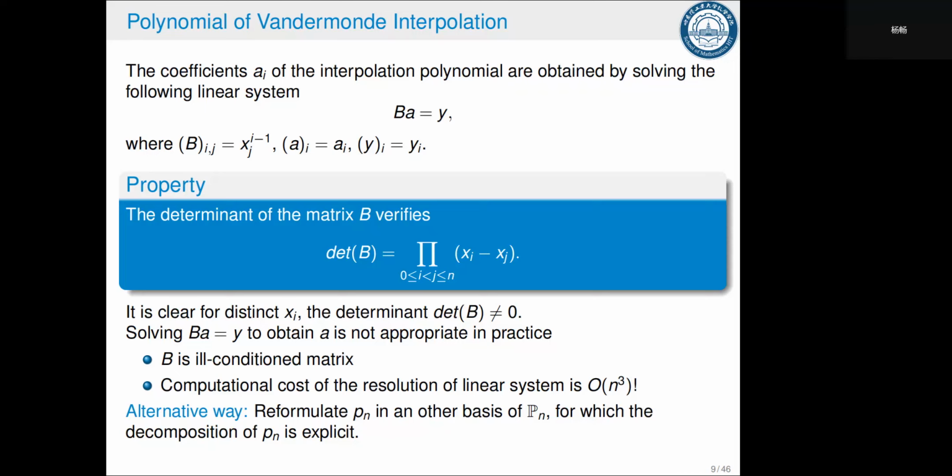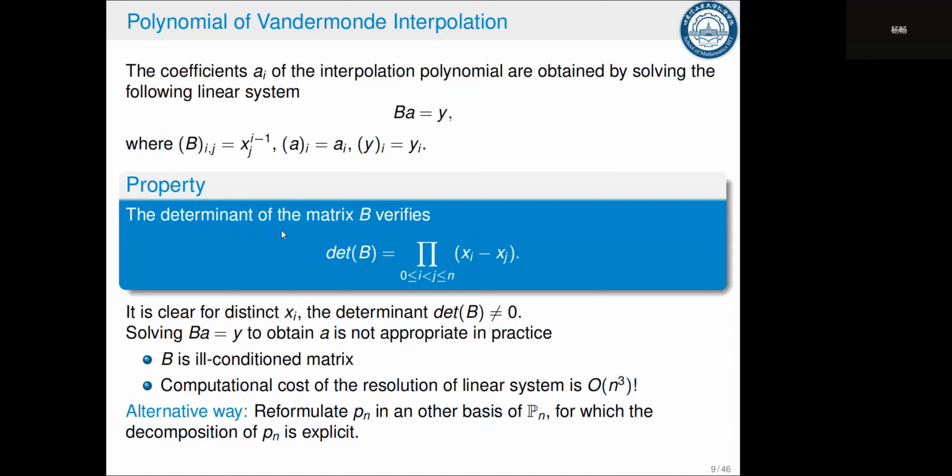I repeat, a common consequence from linear algebra is that if the determinant of B is not equal to 0, then this B is not singular.